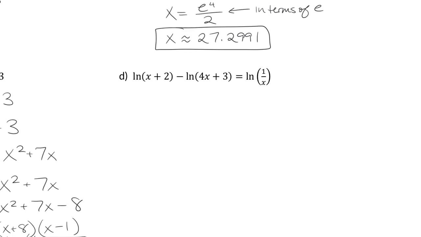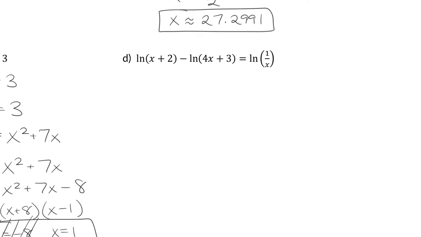All right. We need to condense these logarithms so that there's a log on the left and a log on the right. How do I combine these left side logarithms into one? Divide. So we're going to divide those logarithms. This will be the natural log of x plus 2 over 4x plus 3 equal to the natural logarithm of 1 over x.